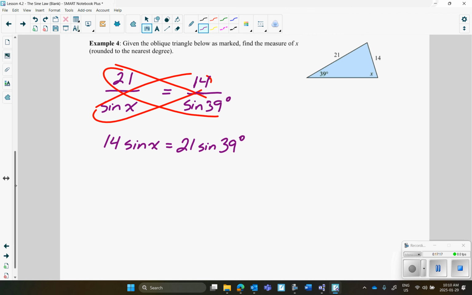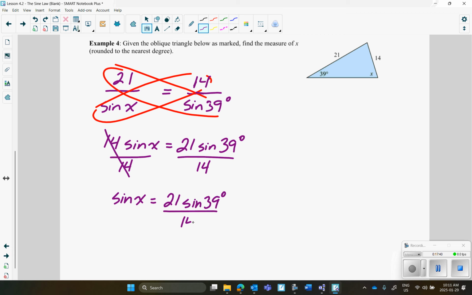We've got to get rid of two things here: the times 14 and then just the sine. So how do I get rid of times 14? I divide by 14. And I'm left with sine x is equal to this calculation, 21 times the sine of 39 degrees divided by 14.